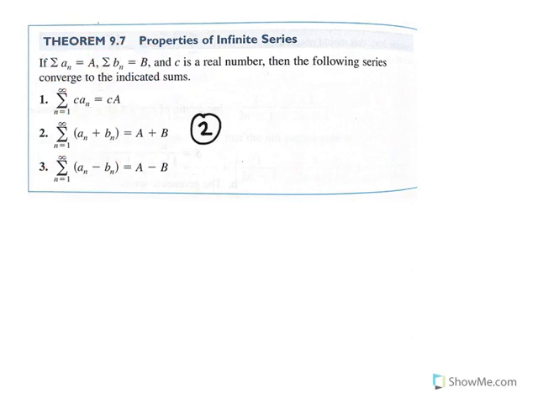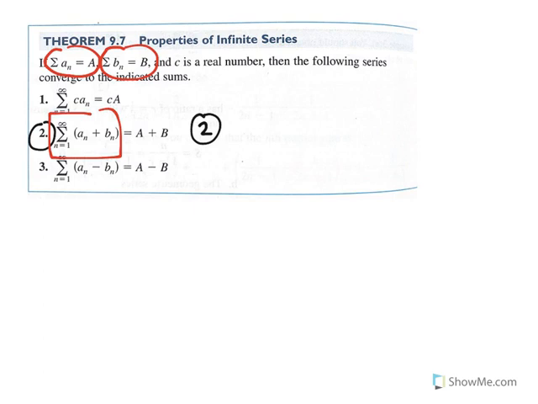Here is another way that we can rewrite property number 2 using what we have in the hypothesis of this theorem. So we have two series that converge, the first one to A and the second one to B. And all we're doing here is just adding the nth terms of the two series.